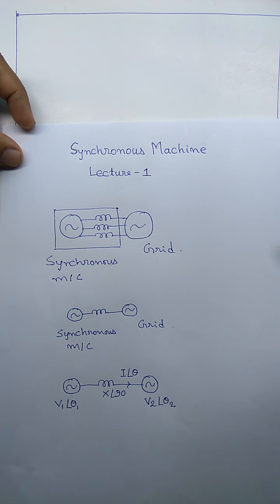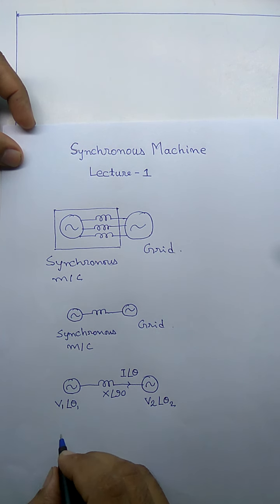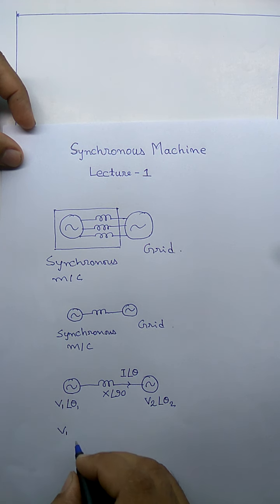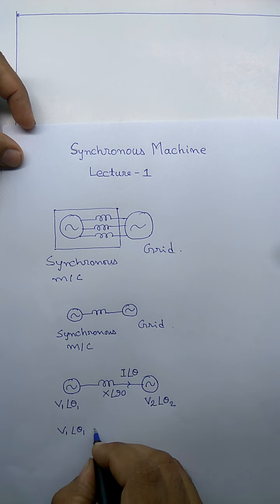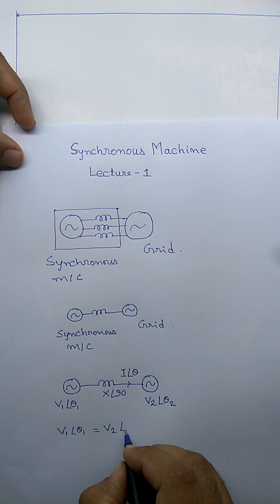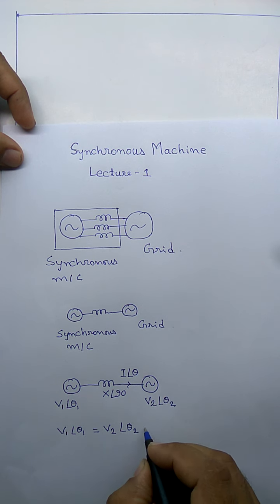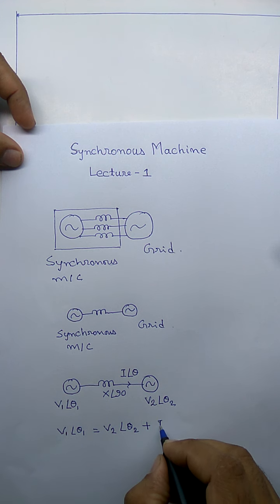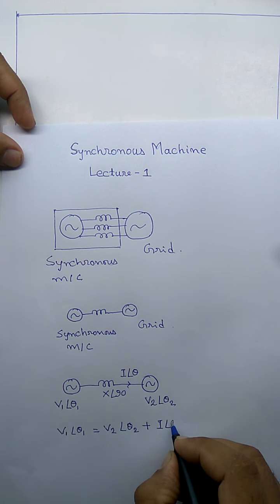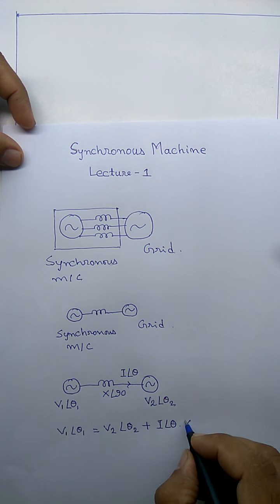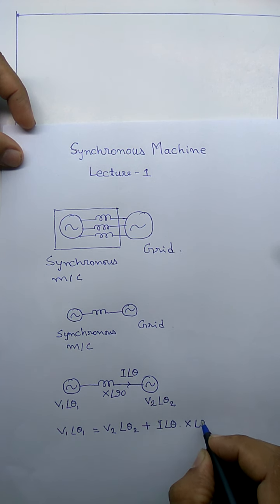So if we apply KVL in this circuit, what can we write? We can write V1 at an angle theta 1 is equal to V2 at an angle theta 2 plus I at an angle theta times X at an angle 90.